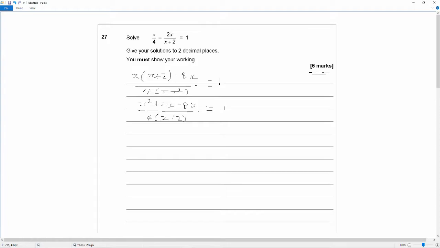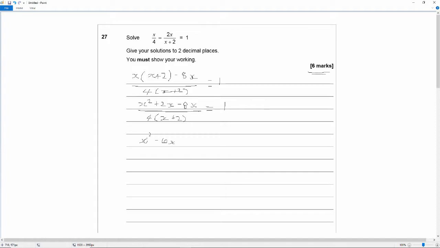Okay, well, I can simplify the numerator a little bit more. I can say x squared, 2x minus 8x is minus 6x.